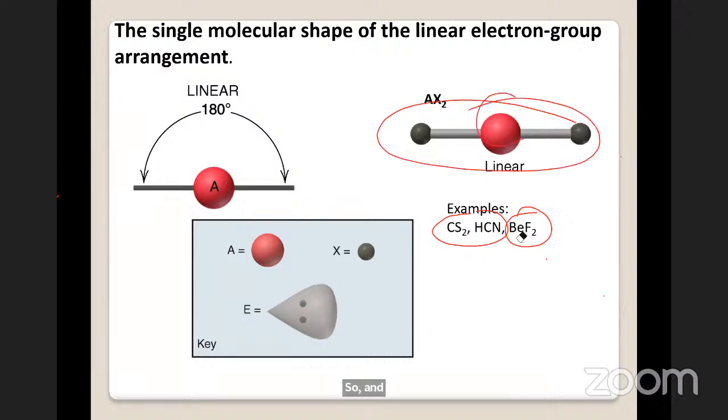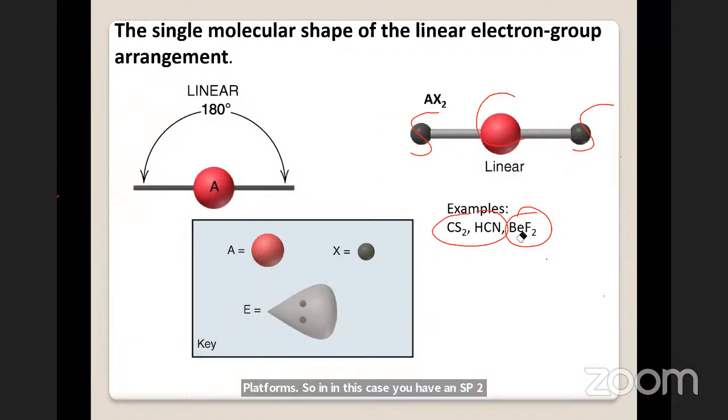Carbon will be the central atom. Sulfur will be the terminal atoms. So in this case, you have an sp hybridized molecule.